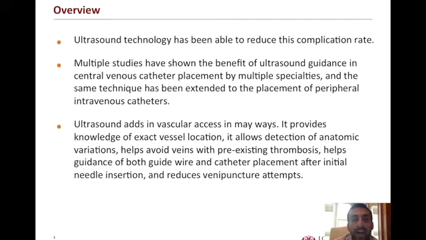Those are the higher levels of ultrasound sophistication. And you can see here the many ways in which ultrasound has proven its utility when it comes to vascular access.